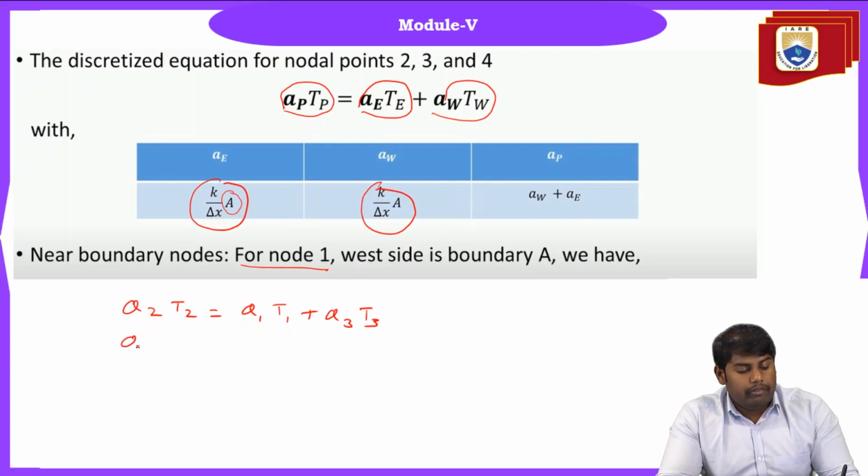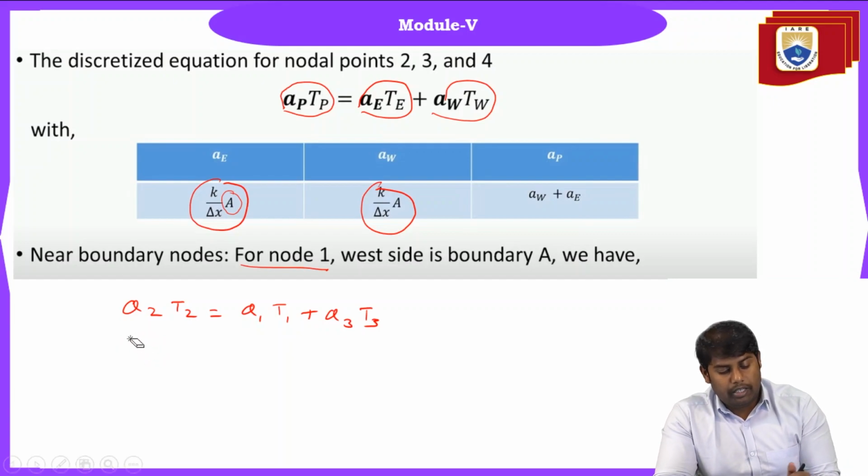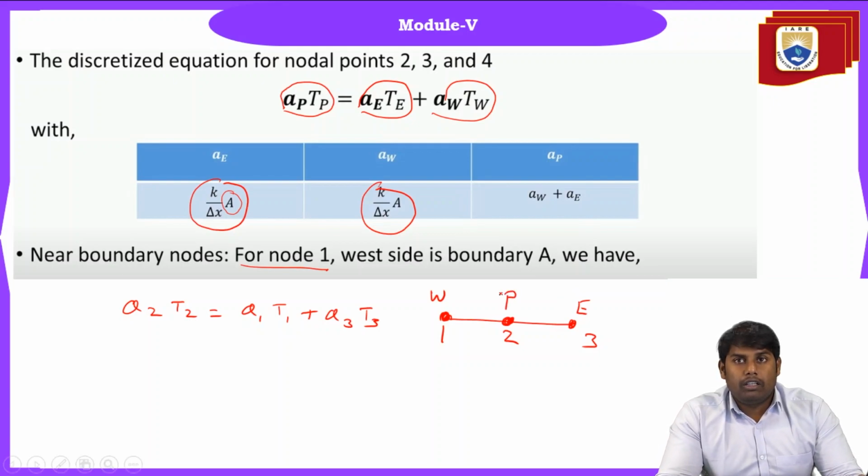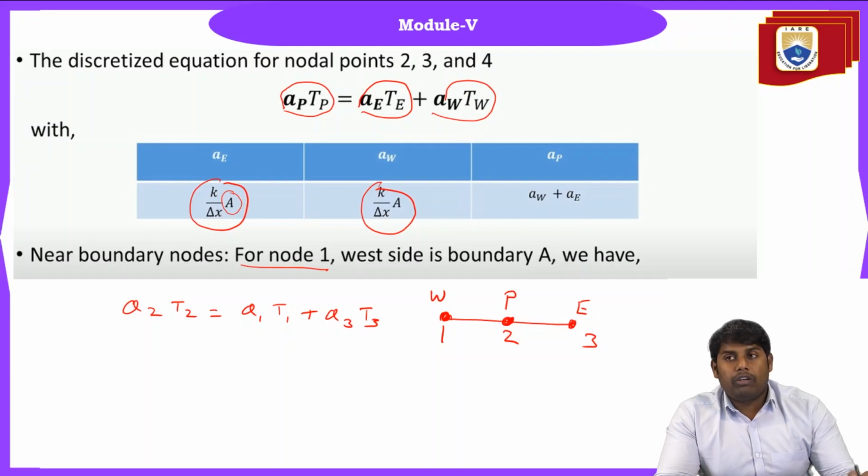Next, let us first draw the node terminology. This is 2 and this is 1. This is 3. So this is the west node here, this is the east node here, and this is the point of interest P.